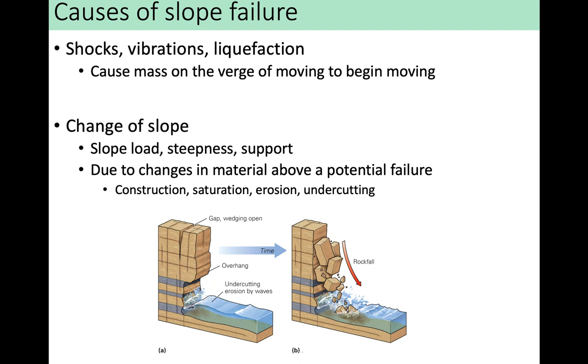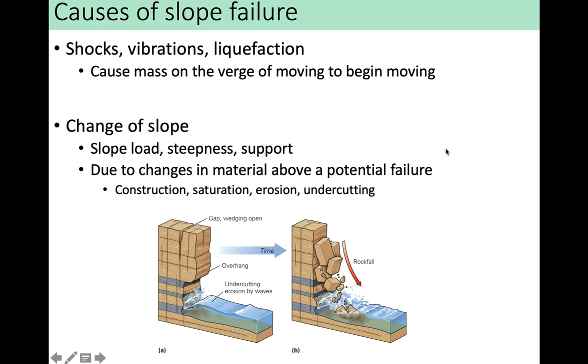Construction often does this. So if we're moving the material, if we're digging out material in one place, adding it to another place, we might be loosening or lowering the strength of the material by pulling it apart, and then also piling it on another area, making it heavier, allowing that slope to actually fall.